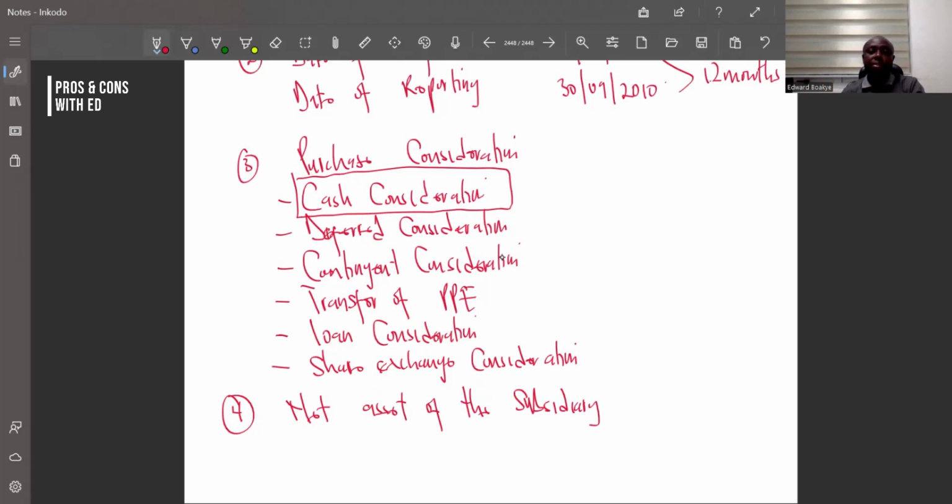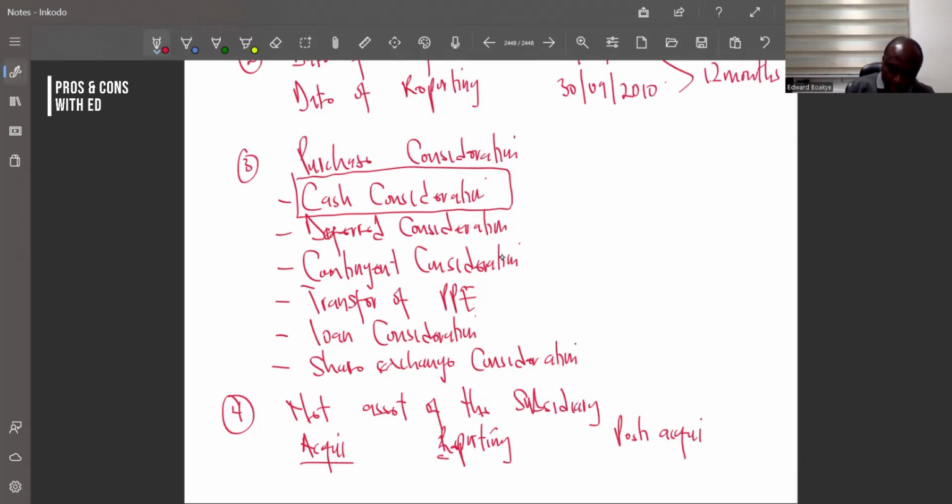But this net asset, we look at the net asset at acquisition, at reporting, and at post acquisition.